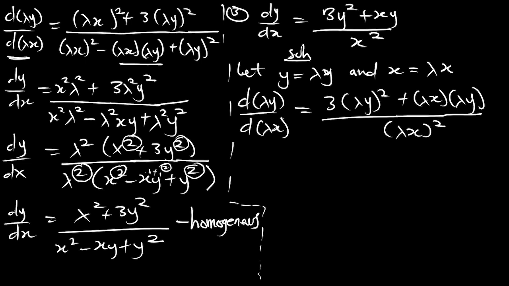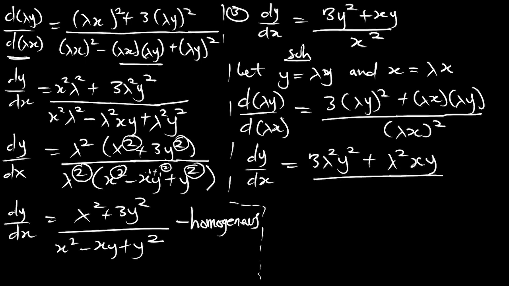So here we are going to get our dy on dx after cancelling out. We expand this to get 3y squared plus lambda squared xy on lambda squared x squared this way.